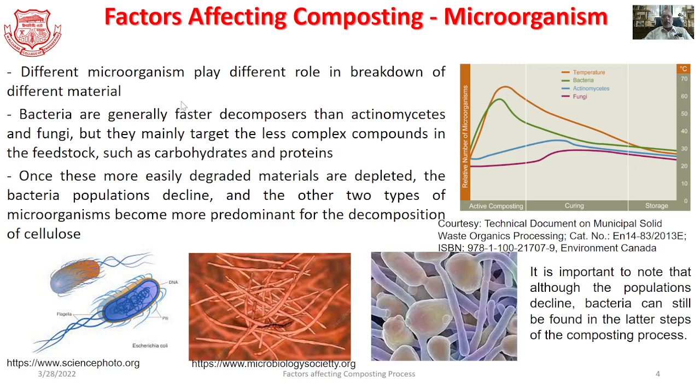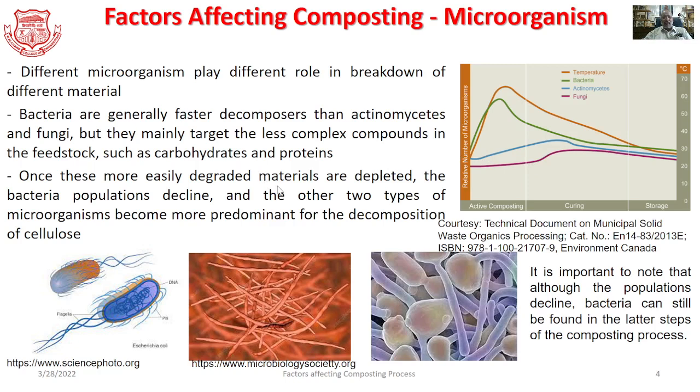In general, we can say bacteria are generally faster decomposers than the actinomycetes and fungi, but they mainly target the less complex compounds in the feedstock, such as carbohydrates and proteins.